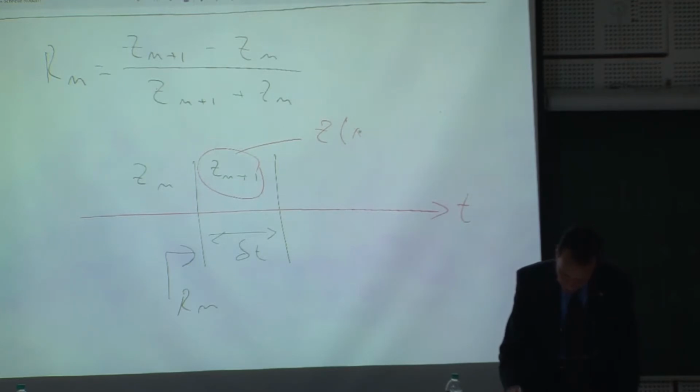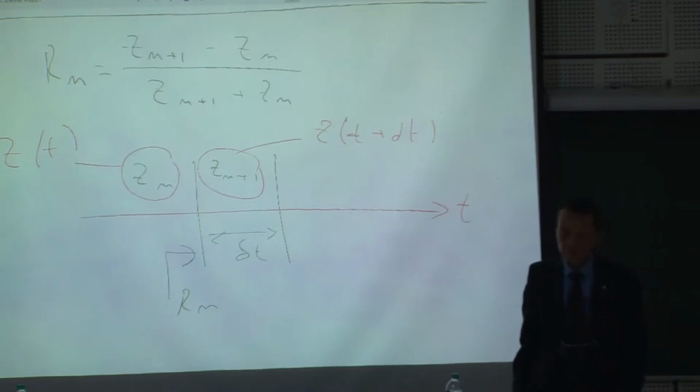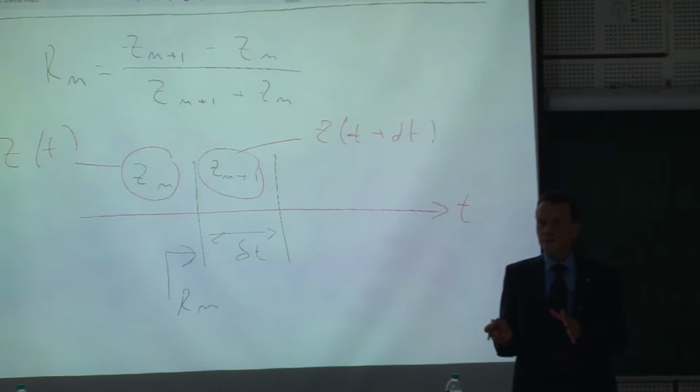So this is Z of T plus dt, and this one here is Z of T. Okay? So I have a continuous distribution.